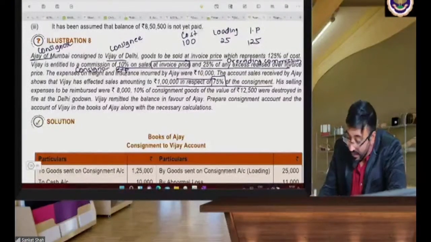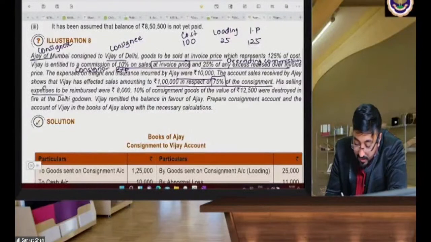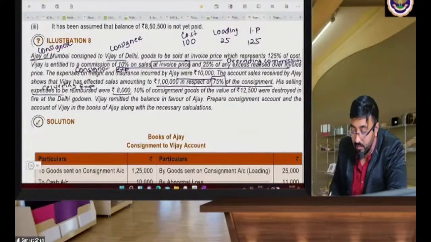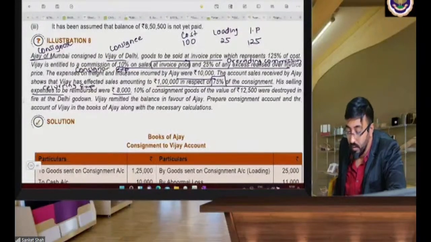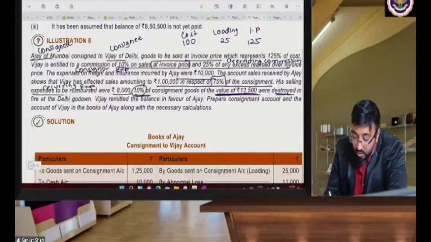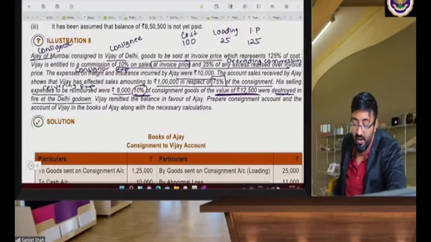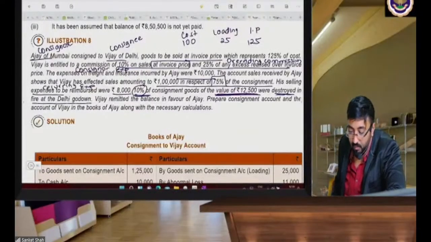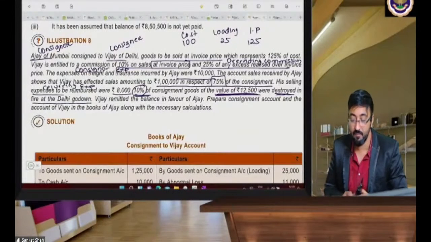His selling expenses, meaning recurring, is 8,000. 10% of the goods, value of rupees 12,500, were destroyed in fire. So 10% goods destroyed in fire. Vijay remitted the balance in favor of Ajay.